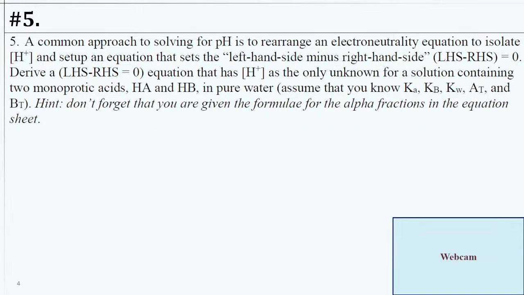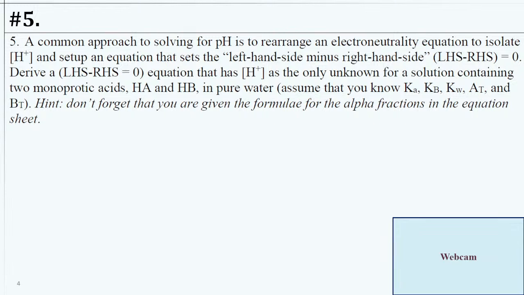Okay, problem 5. We had you take the electroneutrality equation and formulate a left-hand side minus right-hand side equals 0 equation. So I wanted you to derive the equation. I wasn't trying to get you to solve it, or make you do anything too fancy. Just write it out as if we were going to solve a problem with Solver or something. So that was the hope.